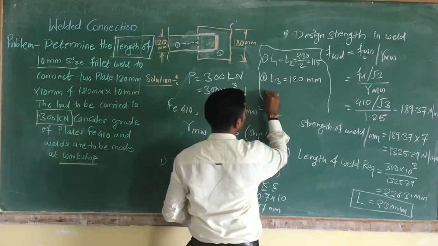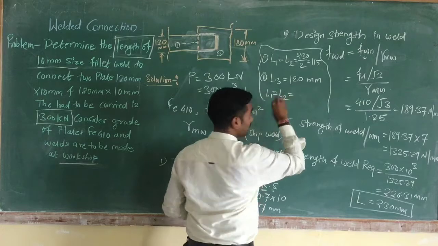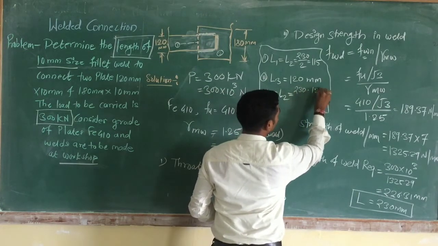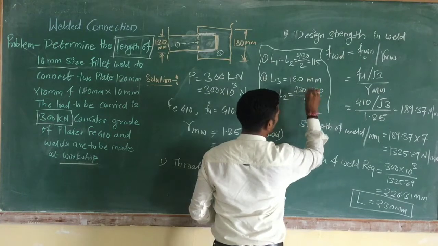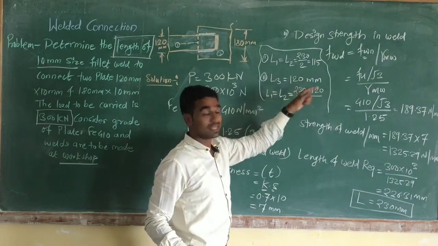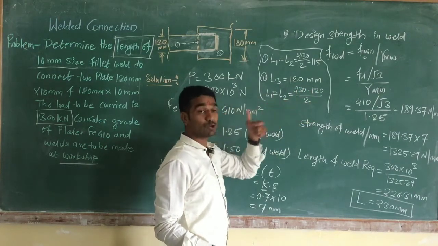Therefore, balanced length L1 = L2 = (230 minus 120) divided by 2. This is the overall length, 120 is already provided, and the balance is divided by 2 because both sides get equal length.